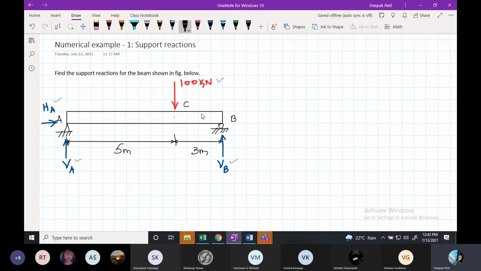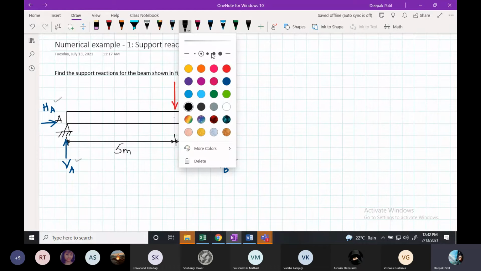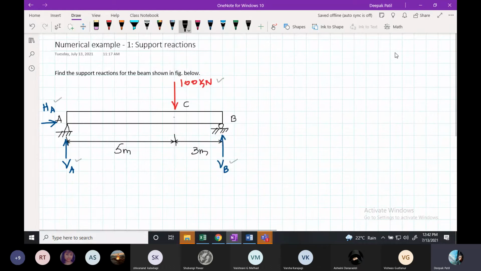Let us check how we can find them. Since all of them are non-concurrent forces, as I told you while discussing equilibrium, three equilibrium equations can be applied. One is summation of Fx equal to 0. Another is summation of Fy equal to 0.